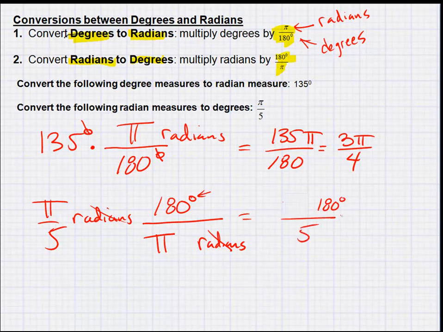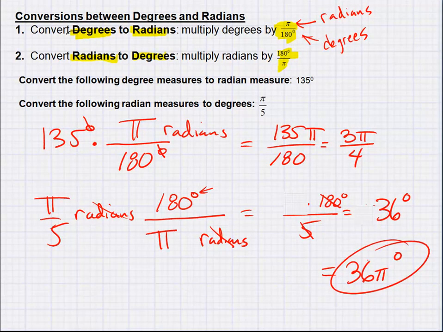I simplify this: 5 goes into 180 thirty-six times. Usually you wouldn't write the answer like that; you write the answer as 36 degrees. I went from radians and I'm left with degrees.